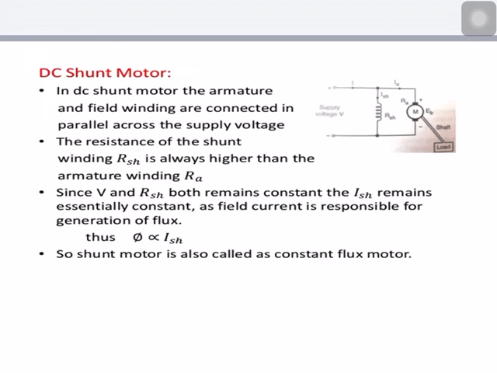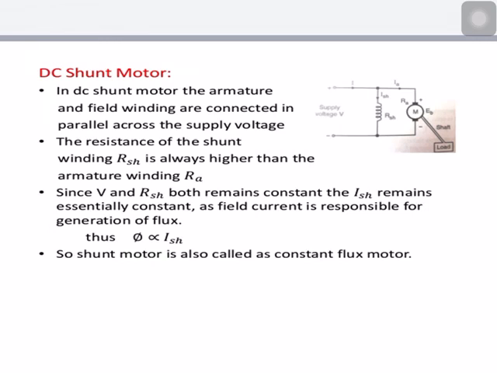Since V and RSH both remain constant, ISH remains essentially constant, and as field current is responsible for generation of flux, phi is directly proportional to ISH.